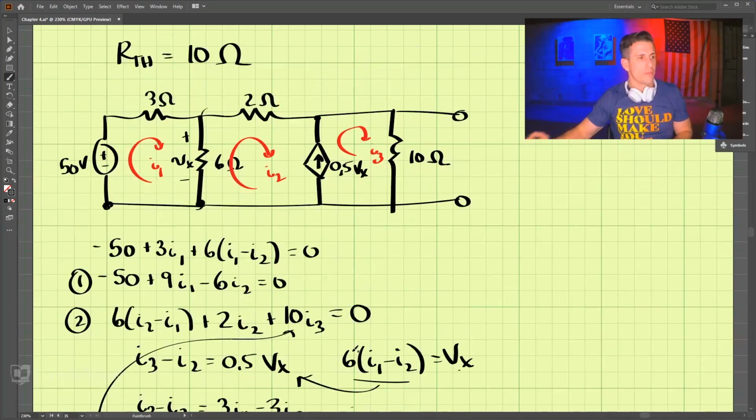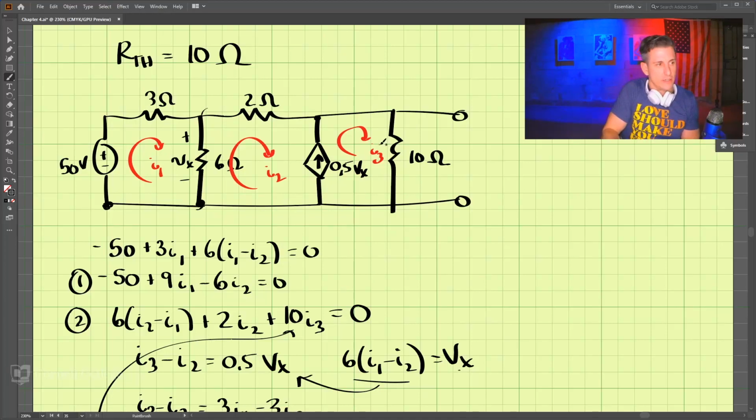Okay, so we know I3 is 50 divided by 3 amps here.